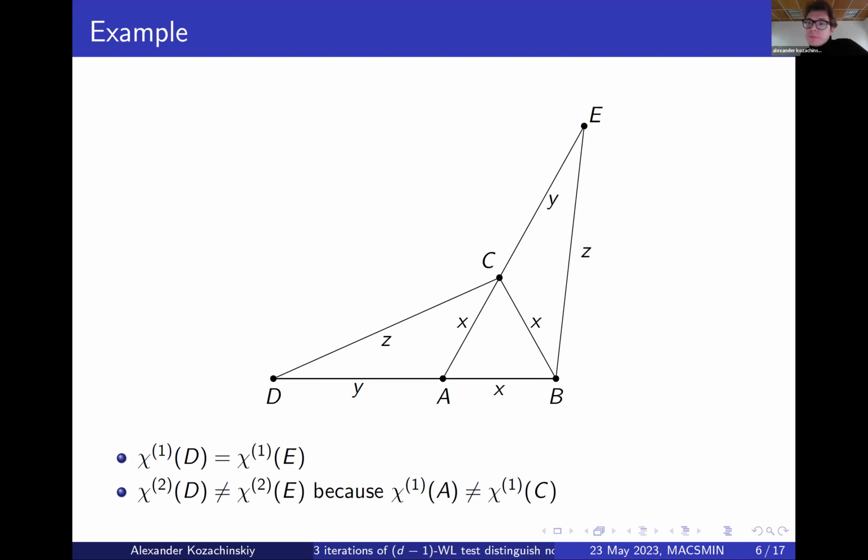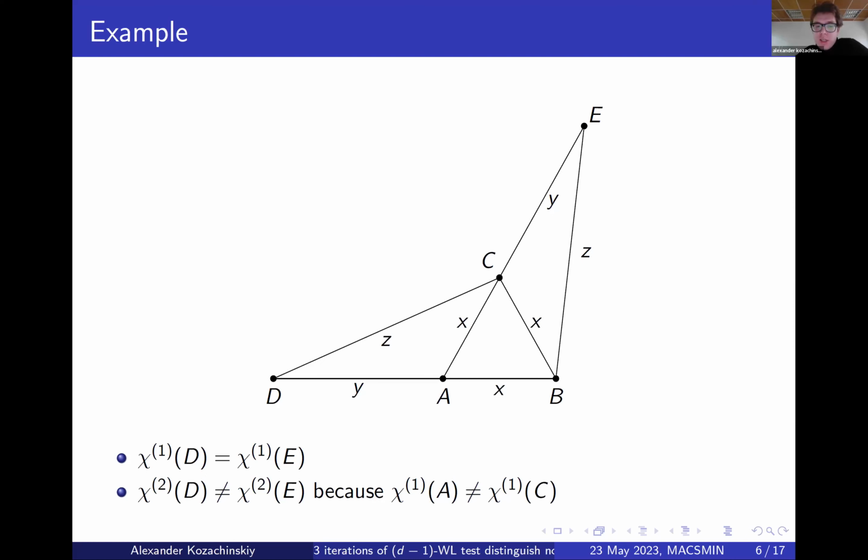I just wanted to give an example of what happens after this first iteration. In this example, I have an equilateral triangle ABC with side X, and I also add 2 points: D at distance Y from A on the same line as AB but on the other side, and also the same for E, at distance Y from C on line AC.